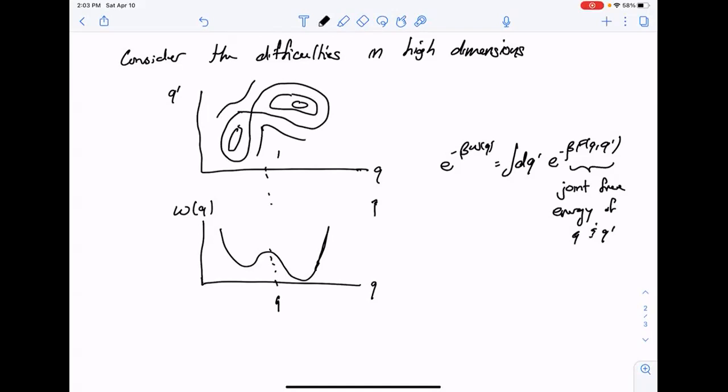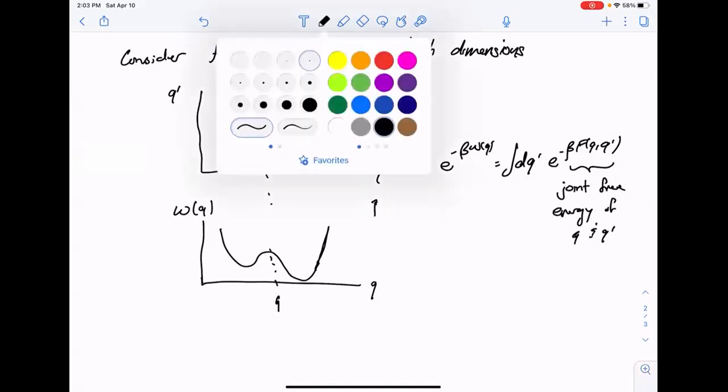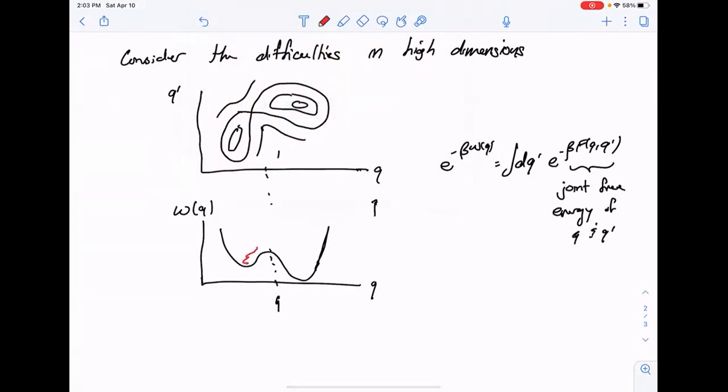I call it particularly pathological because in our low dimension projection, if we were to observe dynamics on just Q, we might see that, for example, a reactive trajectory just monotonically increases in Q. That would be incredibly deceptive if we viewed it in a fuller dimensional space where, for example, if this was the free energy the system was actually evolving on, there's clearly motion needed in both Q and Q prime in order to react.